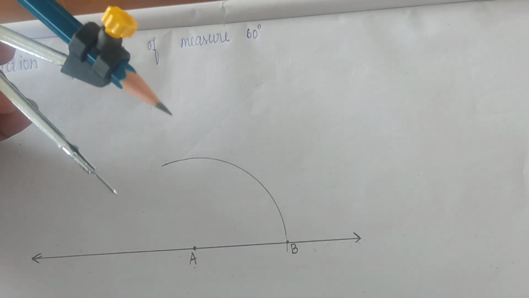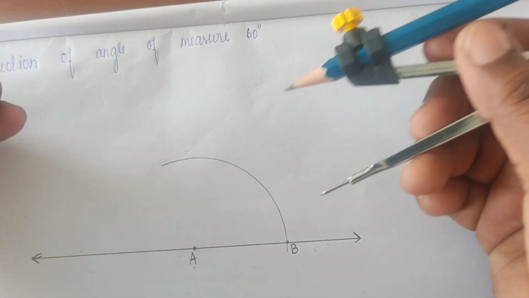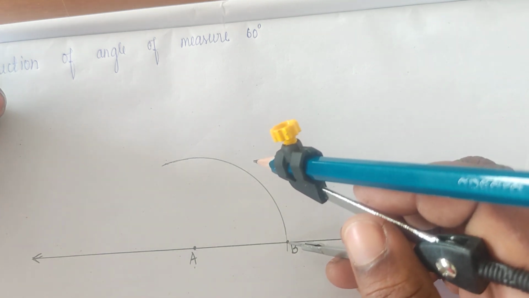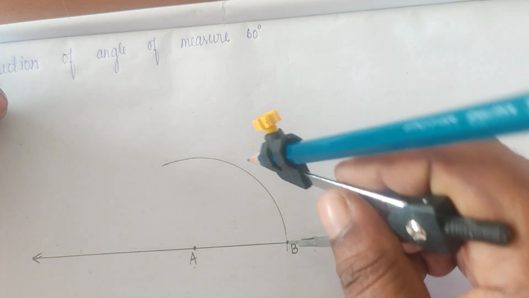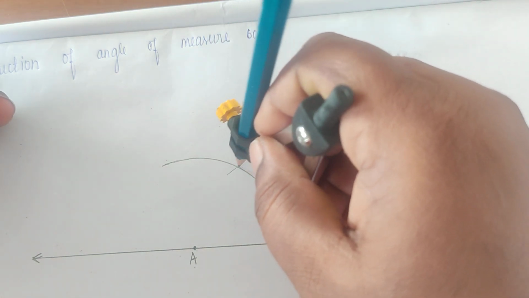Okay, students. And with the same radius and center at point B, cut the same arc.